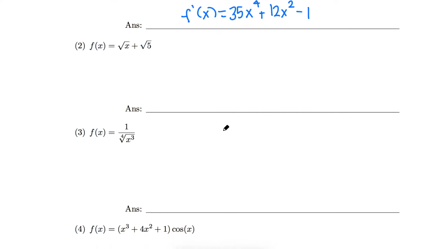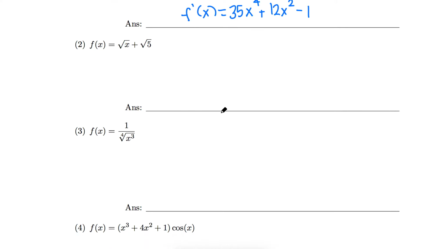For the next problem, we're looking for square root of x plus square root of 5. So we can look at the derivatives separately. Square root of x is the same thing as x to the power 1 over 2. So we will use the power rule. So that will be 1 over 2 x to the power 1 over 2 minus 1, which is equal to negative 1.